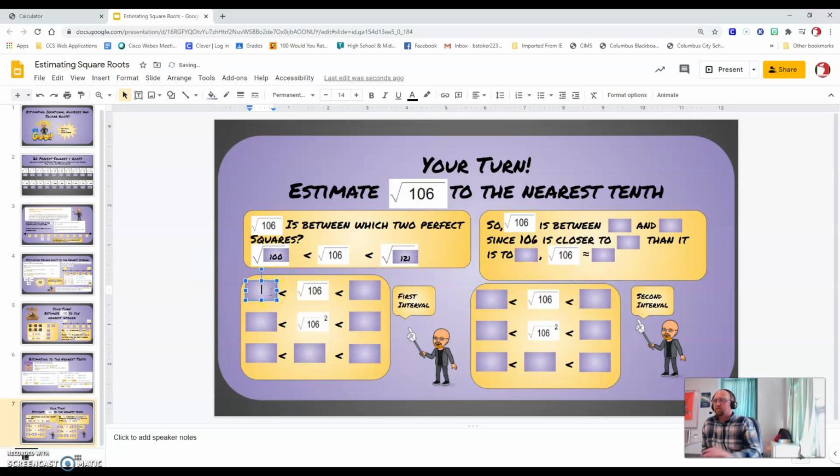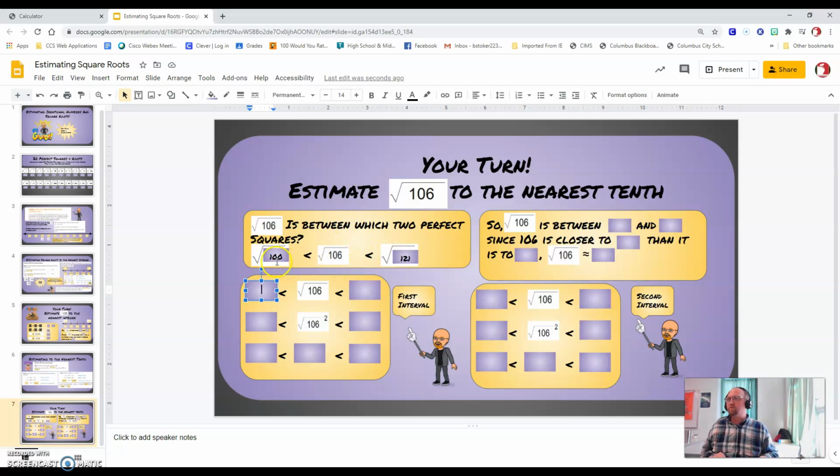All right. So now I have to test the first interval. One thing to think about as you're getting ready to test intervals: is 106 closer to 100 or 121? Because if this number is closer to the second number, you're probably going to want to test something 0.5 or higher.